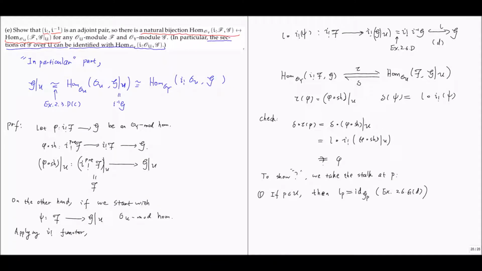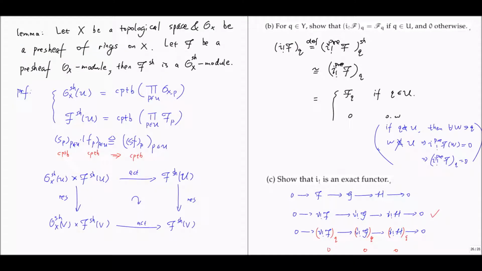So this part will be the identity. So it will be the same as the second part. But the second part can be further simplified, because this functor will preserve the stalk when P is in U. It follows from the part B of this exercise.